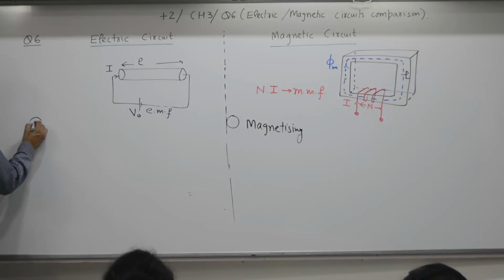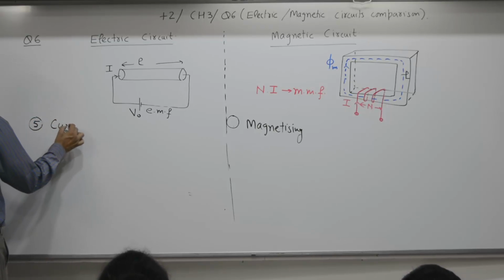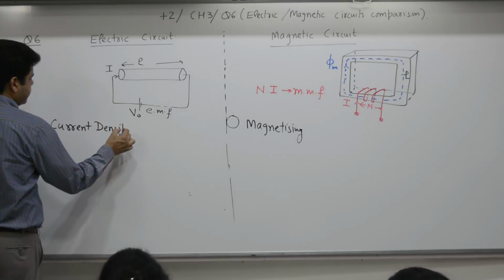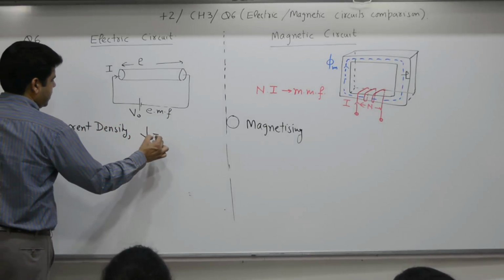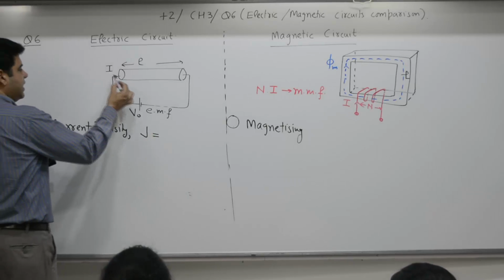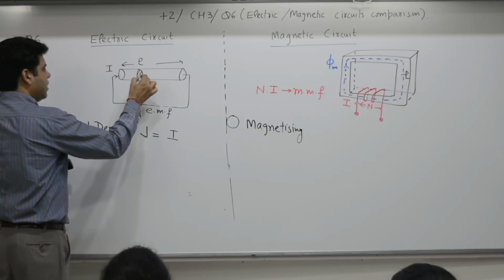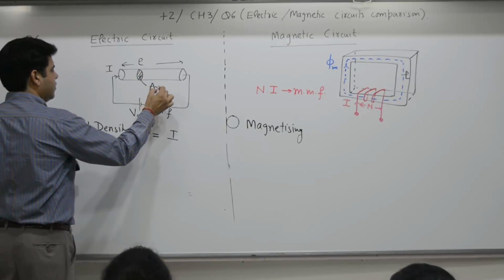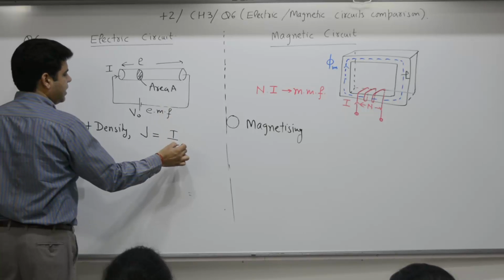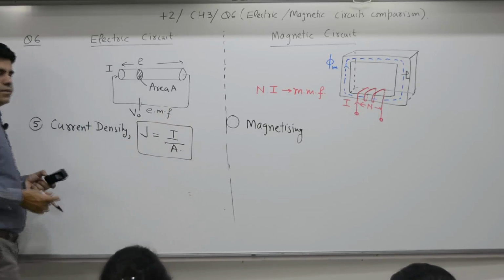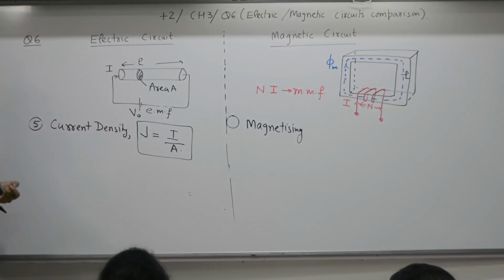Point number 5, current density J, symbol is J, is equal to the current I carried by the cross sectional area A of the wire. It is I by A, current flowing per unit area.